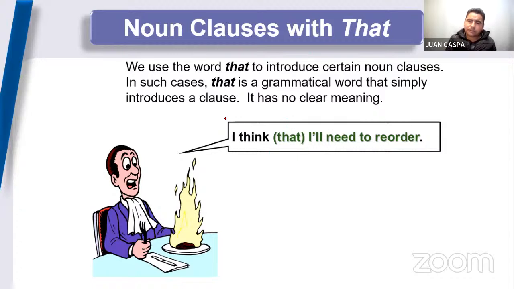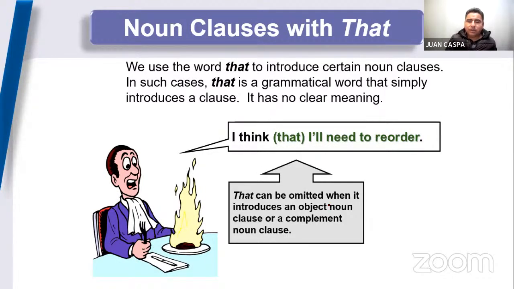This is a clause. But I think is another clause, right? But this is the main clause. Esta es la idea principal en esta oración. Es una sola oración con dos ideas, ¿no? Algo así. But that can be omitted when it introduces an object noun clause or a complement noun clause.